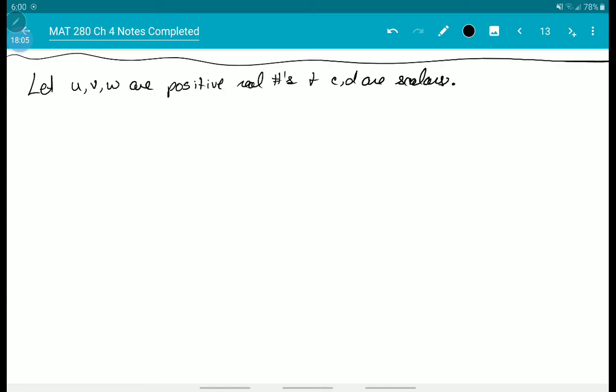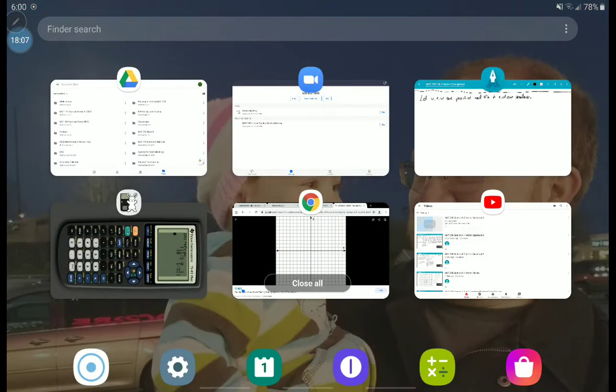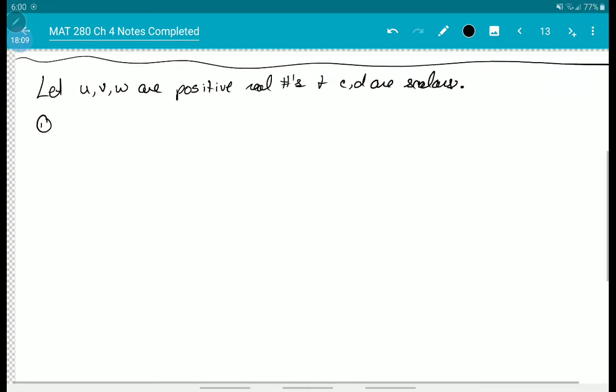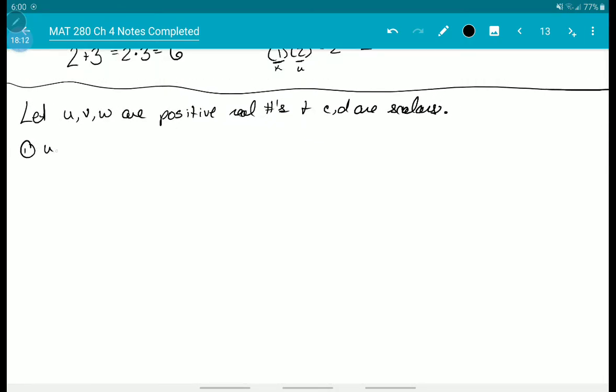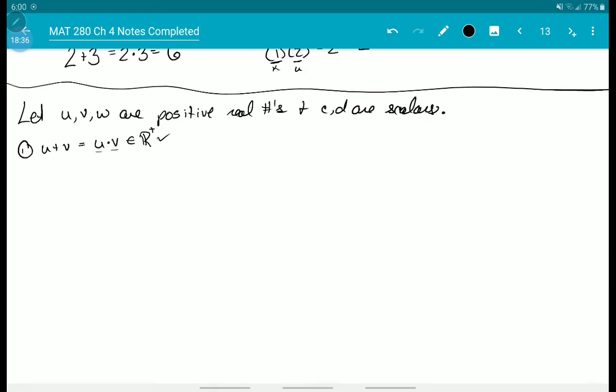Remember, scalars can be any real number. So if I take any two positive real numbers and I add them together, under this definition, it's going to be a multiplication. I still get a positive real number. A positive real number times a positive real number is still a positive real number. And we shorthand write that as R with a little plus where the exponent would be. So yes, this is closed under addition.